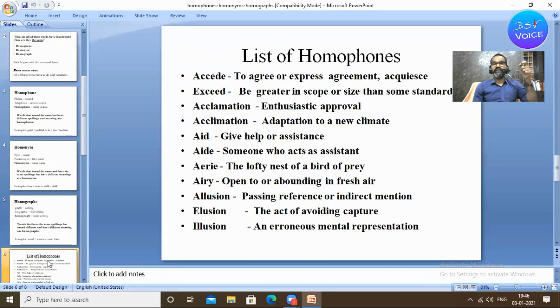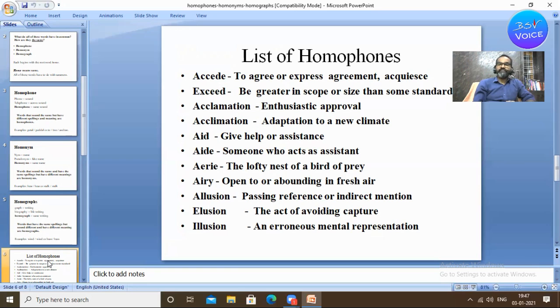What is prey? The one hunted and killed by another for food. So the eyrie is the lofty nest of a bird of prey.